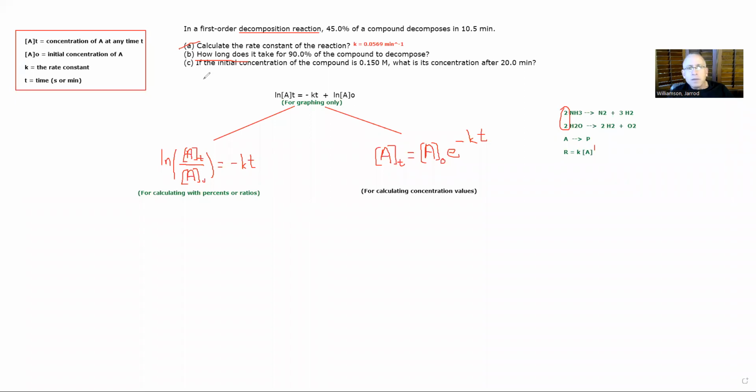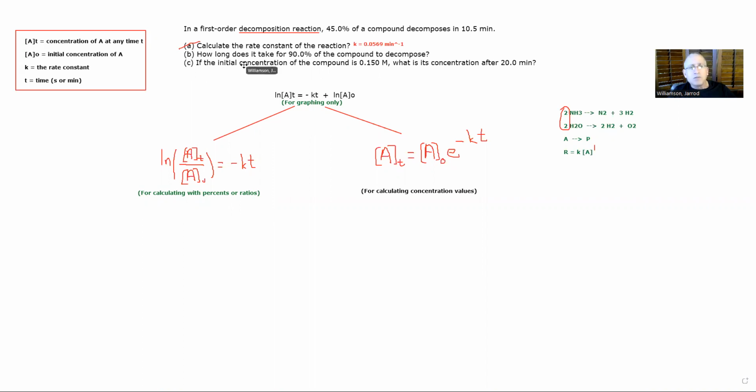The next one: if the initial concentration of the compound is 0.15 molarity, what is its concentration after 20 minutes? We don't use this one for solving this problem. It's for graphing only. This one here is for percents and ratios, and this doesn't have any implied percents and ratios.